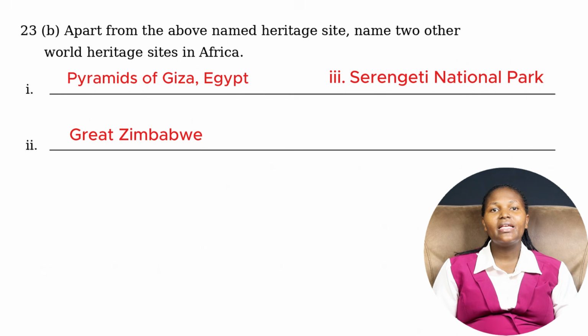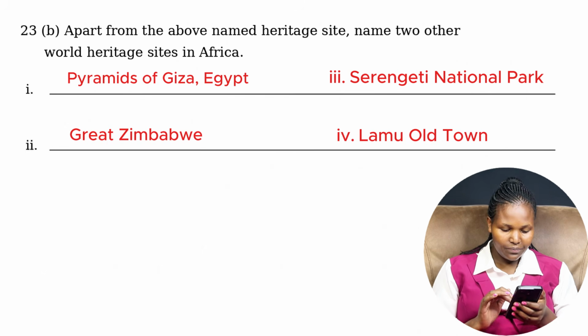We have the Mount Kenya National Park. We have the Lamu Old Town. Which one else do we have in Kenya? We have Fort Jesus. We have Robben Island. You see, we have the Ngorongoro Conservation Area. So there are very many, and you can even identify those you know which are in Kenya, like the Serengeti, the Mount Kenya National Park, and all those.